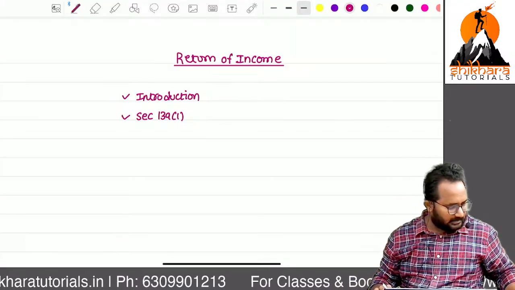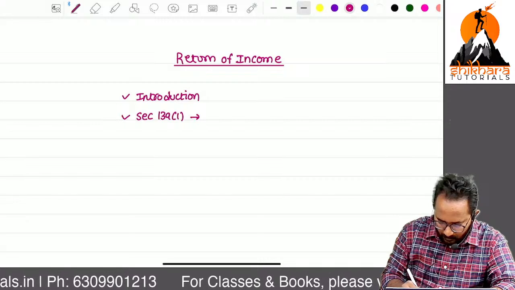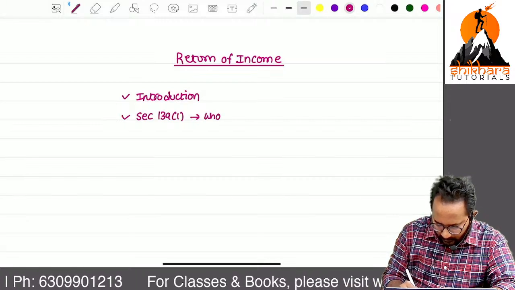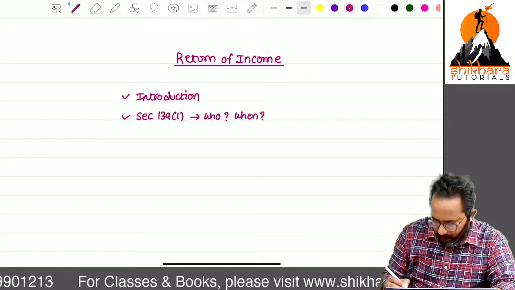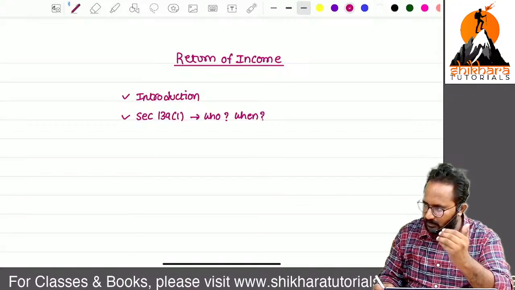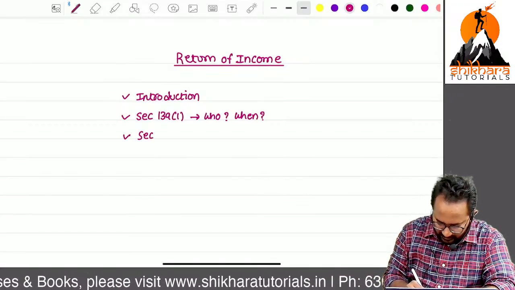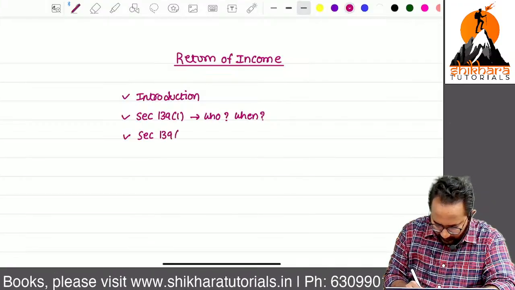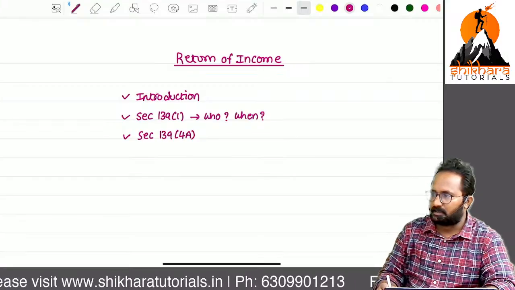So what is 139 subsection 1? Who is required to file the return of income, and when are they required to file it? When means what are the due dates available for filing of return of income. Next we discussed some more sections related to 139 subsection 4A, for whom? Trust.